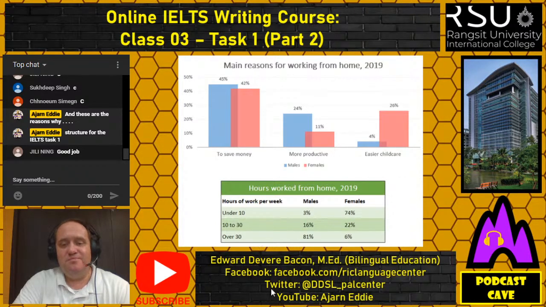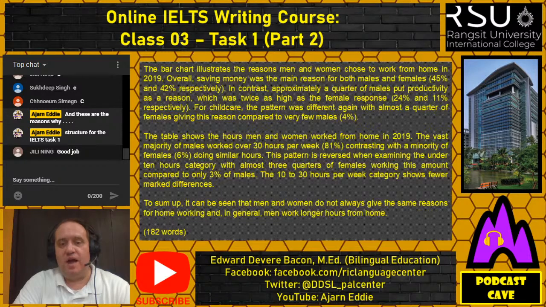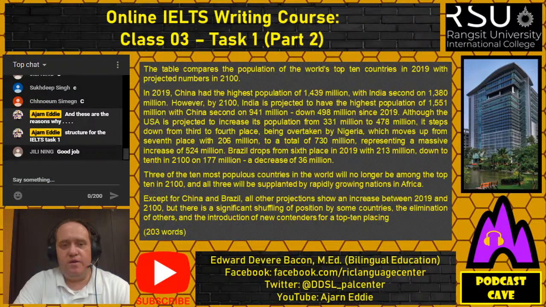But personally, what I would recommend is, even though you have 182 words already, I would actually have a short introduction. For the first one, their introduction was only one sentence.